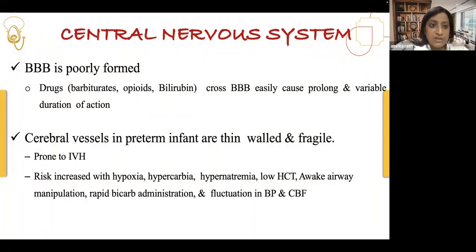What we have seen in non-pediatric practitioners is that they try to intubate the baby awake for fear that they will lose the airway. But especially in premature babies, there is the problem of intraventricular hemorrhage, because their vessels are very thin. So any big stimulation will definitely cause damage to the vessel.